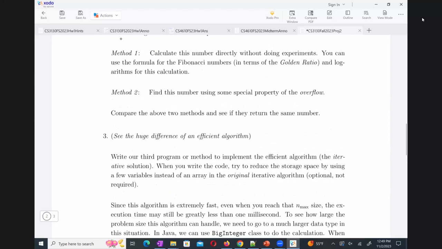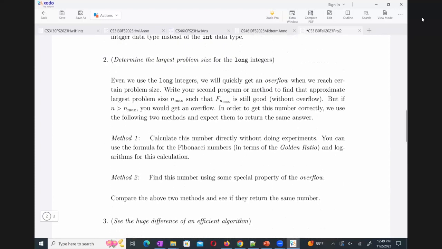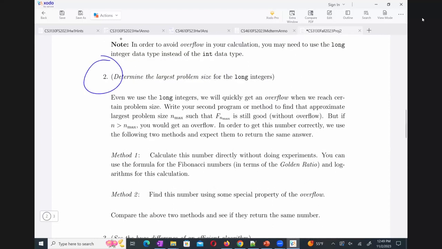But here, I give you another part of the problem. Find the data size that results in the overflow. Just that line. I ask you to find that line. Before this line, from the smaller side, no overflow.